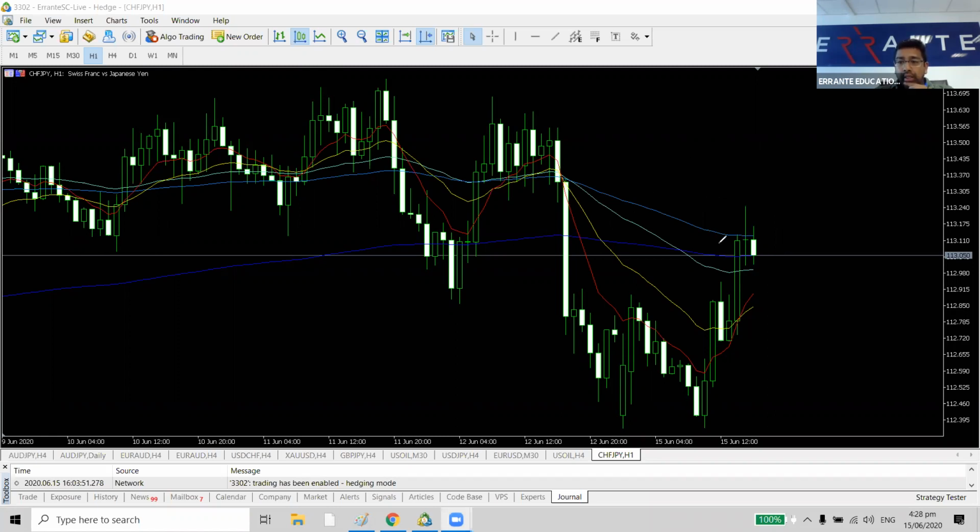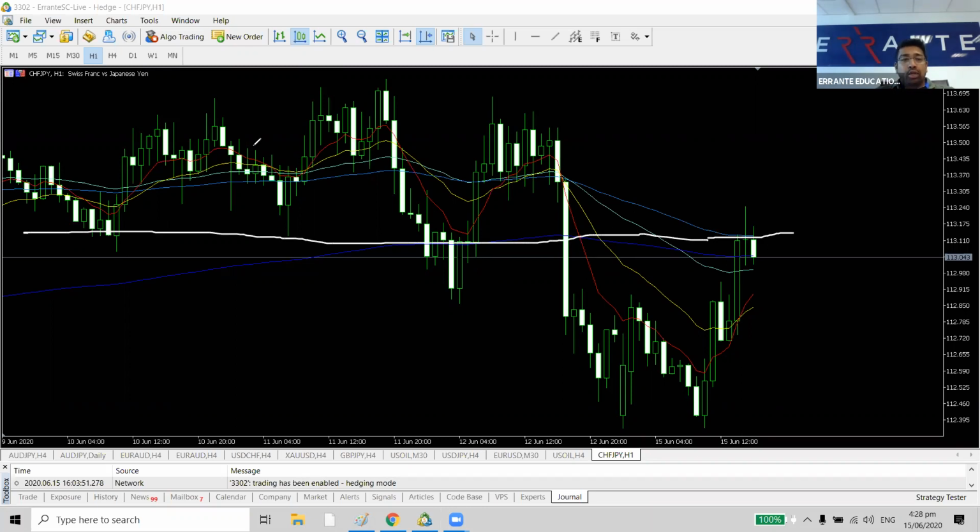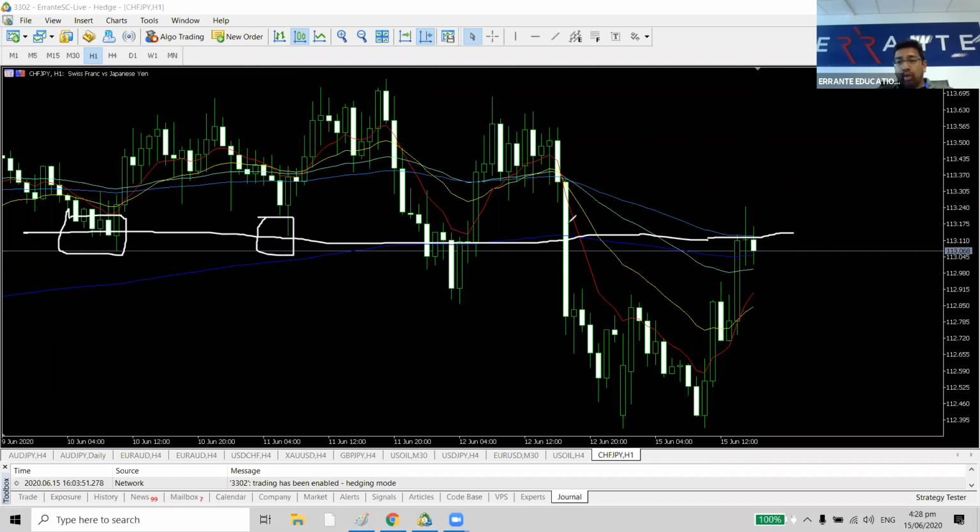Let's say this is a resistance area, okay? And this resistance area, if you go all the way left, you can see that you have some support area, okay? And you have some bearish candle coming down here as it goes up, got stuck there and it's on its way down.